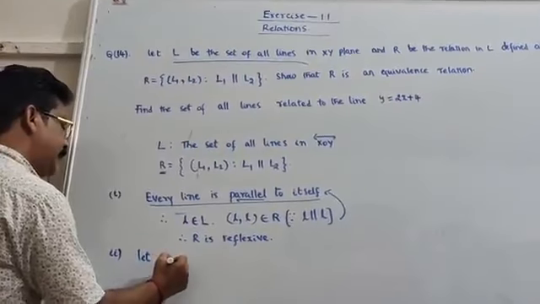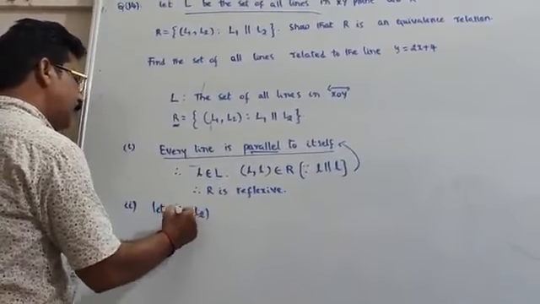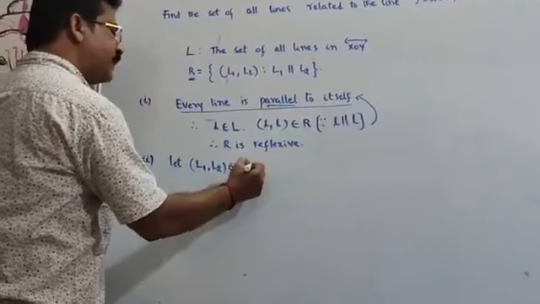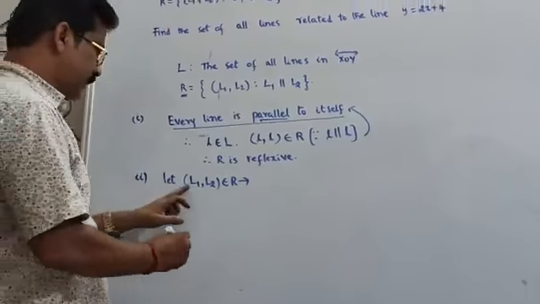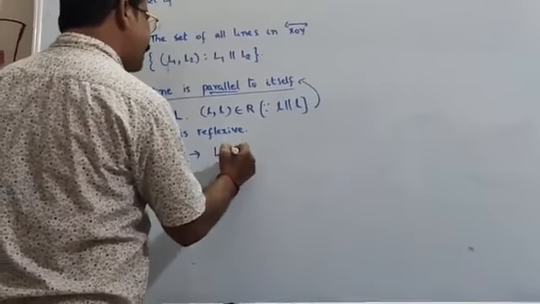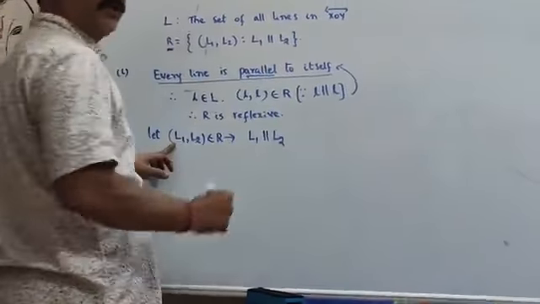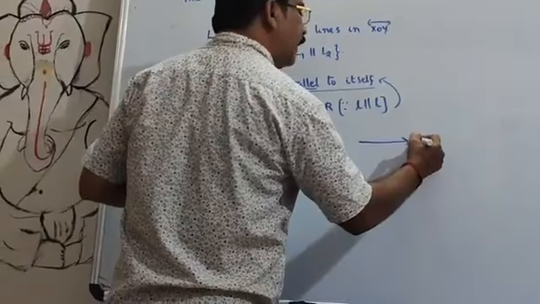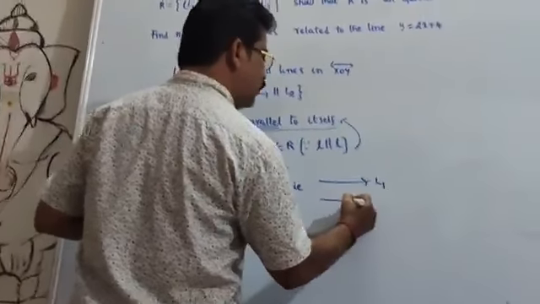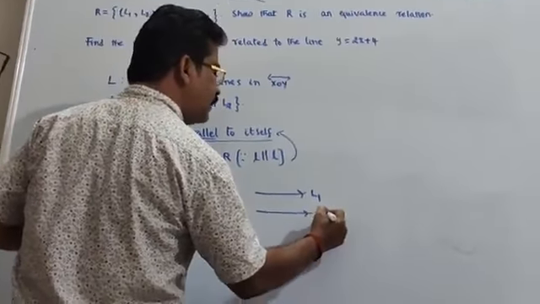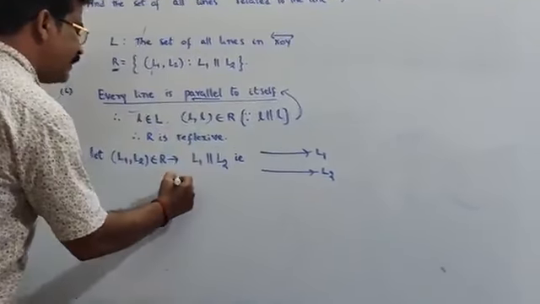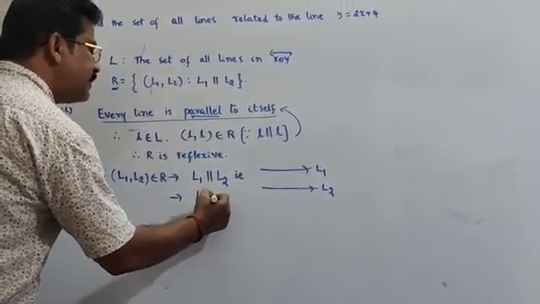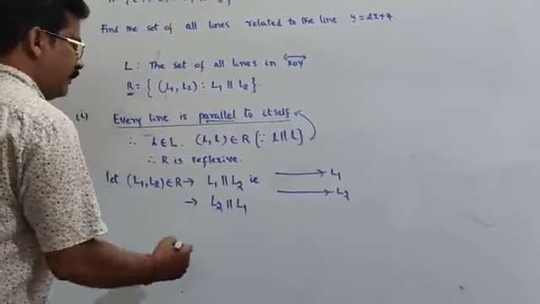Next, number 2, symmetric. Let (L1, L2) belong to capital R. Means L1 is parallel to L2. So clearly we see that L2 is parallel to L1.